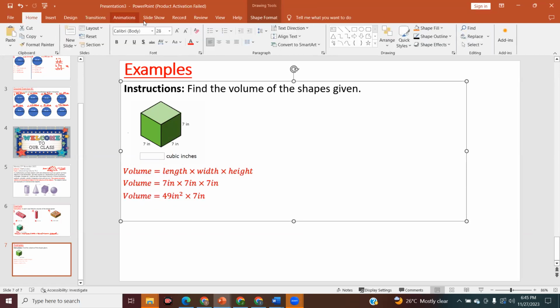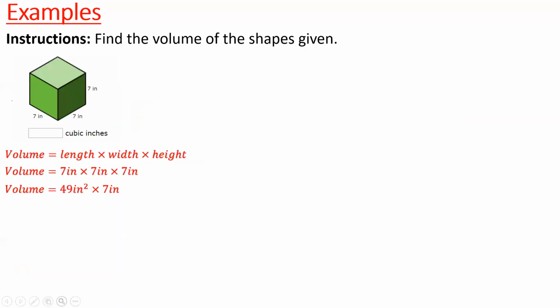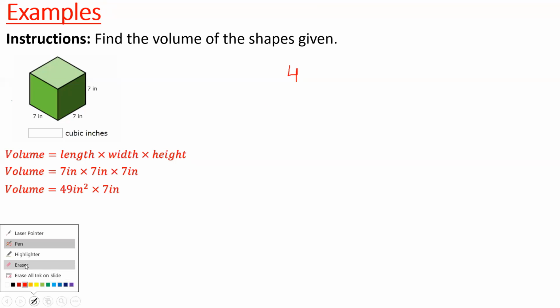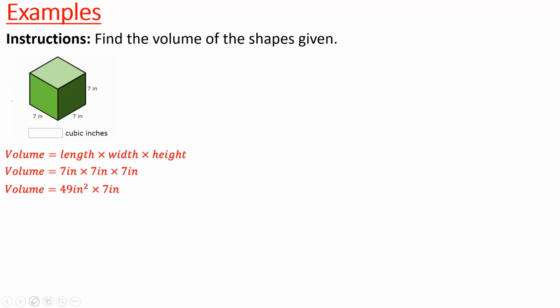That's 343. I agree. But let's multiply it together. So we have 49. Please write this down and make sure I draw the shape properly. So we have 49 multiplied by 7.